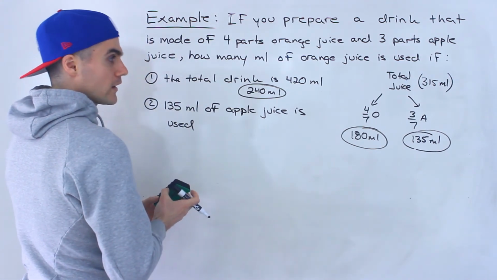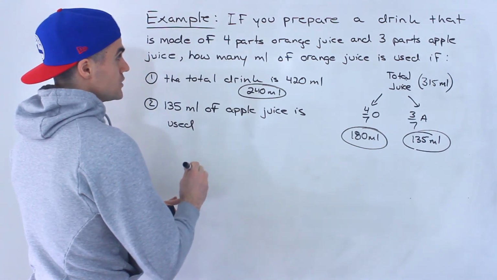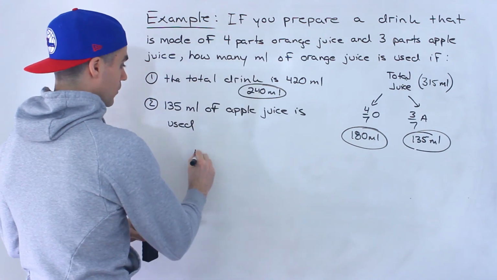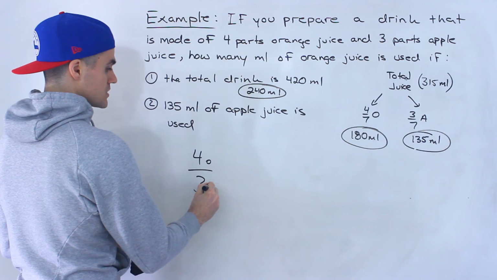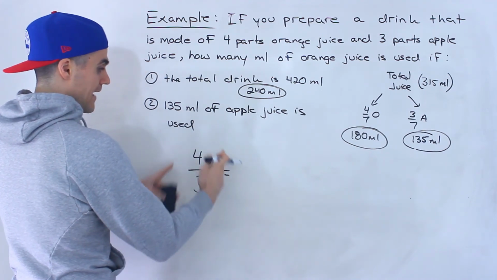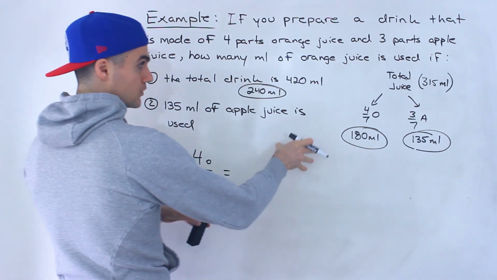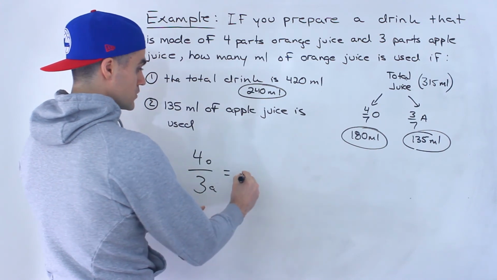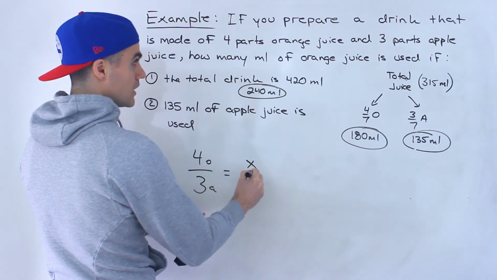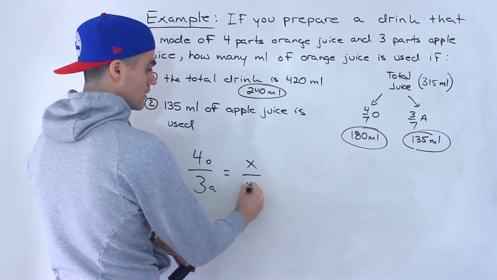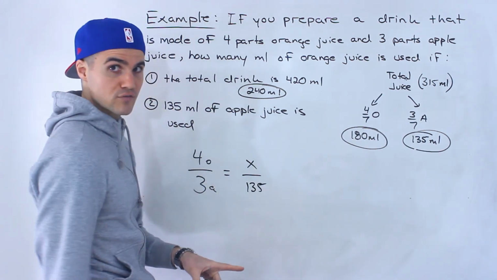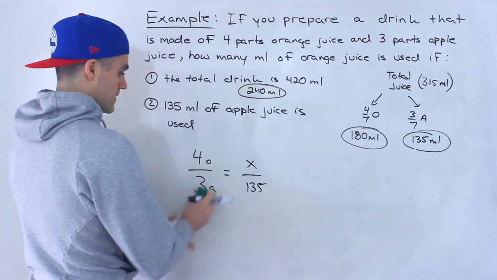Now, the quicker way to do it is you could use ratios. So we know it's 4 parts orange juice to 3 parts apple, right? So this is orange, this is apple. Well, that ratio has to hold with the amount of milliliters we're using. So we're solving for the number of milliliters of orange juice, so that would be X, and we know that the apple juice is 135 milliliters, right?